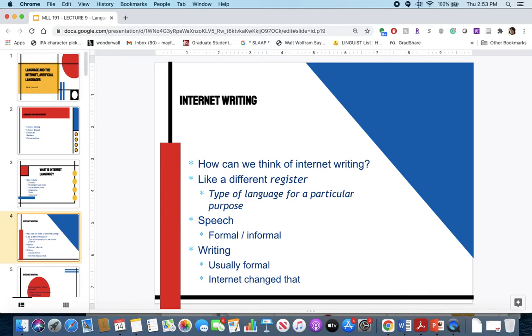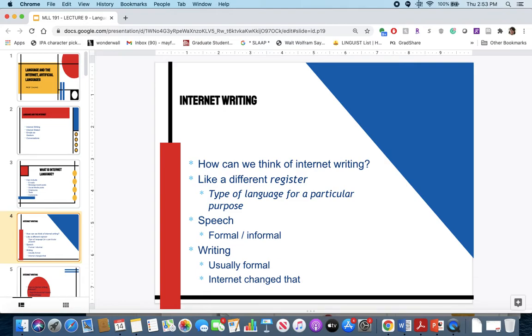So in the beginning, speech and writing were very different. Writing was something that was a little bit more conservative. You would use quote unquote proper language, even though we try to debunk that during this class. Usage in speech was something that was geared more towards an informal audience, and speech was something that changed all the time.